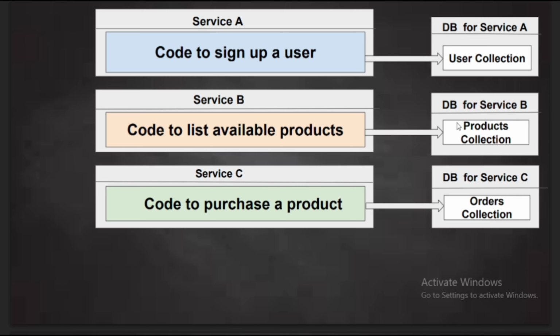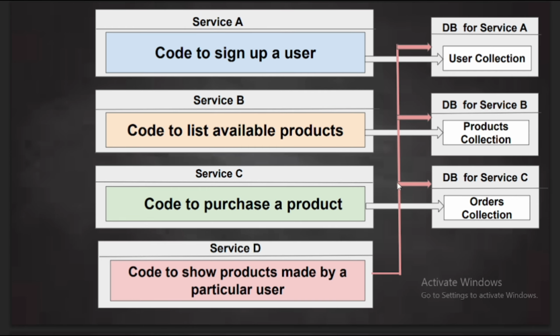So how can we get the information required to implement this feature without reaching into another service's database? This is the crux of the issue. That is why data management between services can be really challenging.